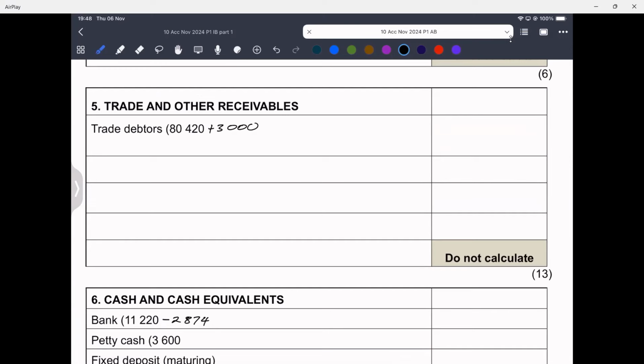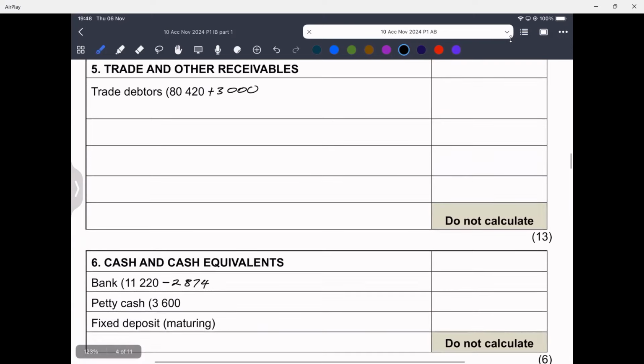The difference between what we thought we received and what the debtor was owing is what is called discount allowed. The fact that this person settled a debt of 3,000 rand, but they only paid us 2,874, means we gave them a discount allowed, which was an expense.